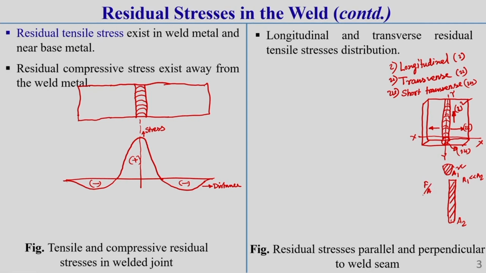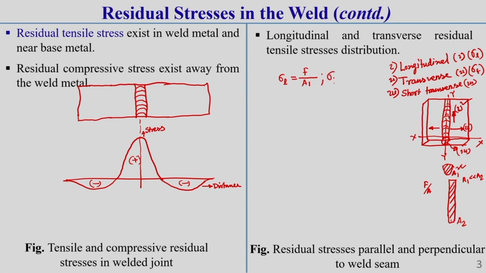Let sigma L be the longitudinal stress and sigma T the transverse stress. The longitudinal stress will be the shrinkage force divided by the weld bit longitudinal cross sectional area A1. Whatever value we get will give you the longitudinal stress.